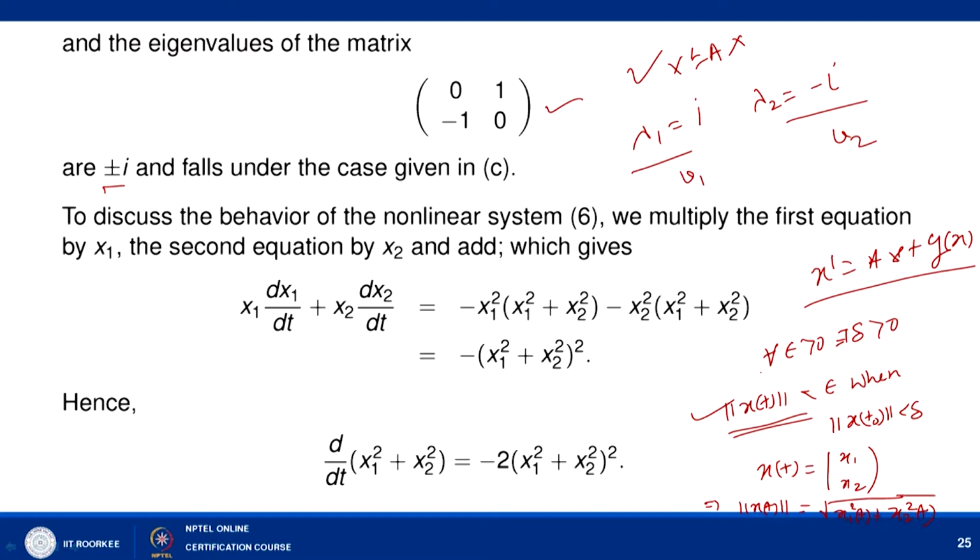For that we look at the differential equation and calculate x1 dx1 by dt plus x2 dx2 by dt. So we multiply the first equation by x1 and the second equation by x2 and simply add.